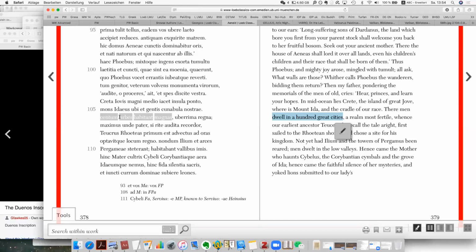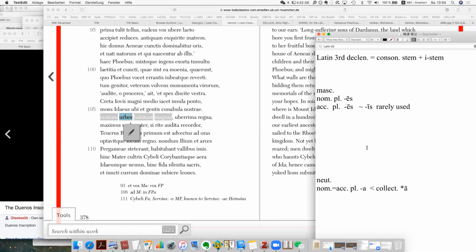So urbes means city. It's English urban. As I explained, if you don't know Latin, it's fine. You certainly know this word. And habitant is English habit or habitation.